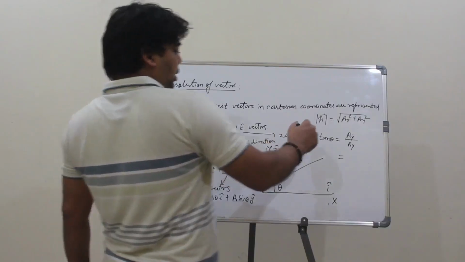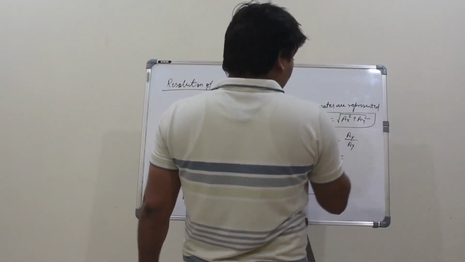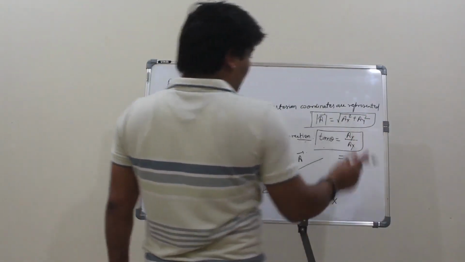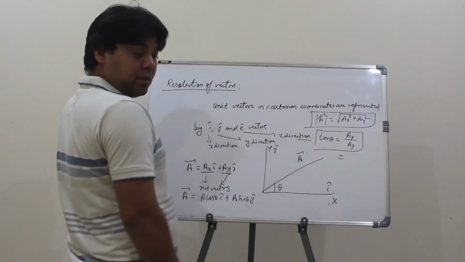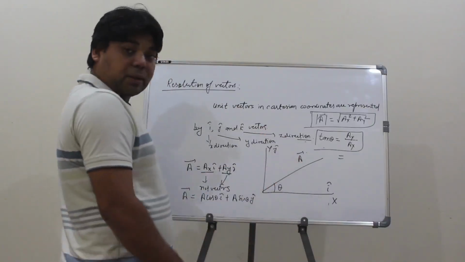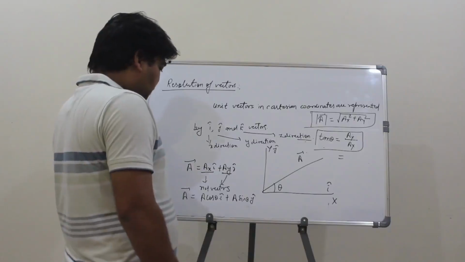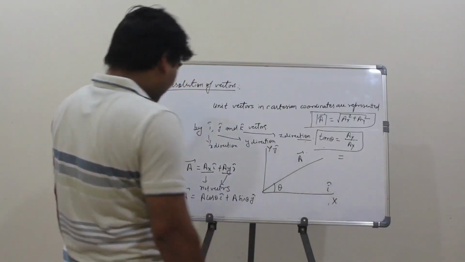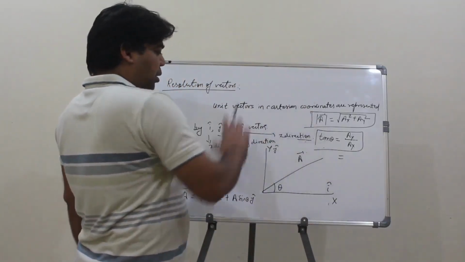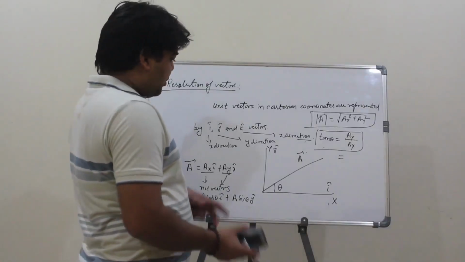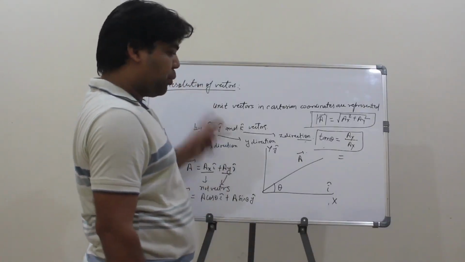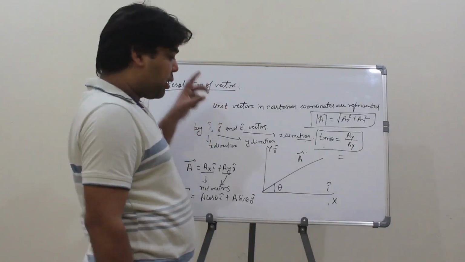These are some of the formulas which you should remember: the resultant vector in 2D and its direction with the x-axis, or you can say the slope. So this is all we have about resolution of vectors in 2D in Cartesian coordinates.